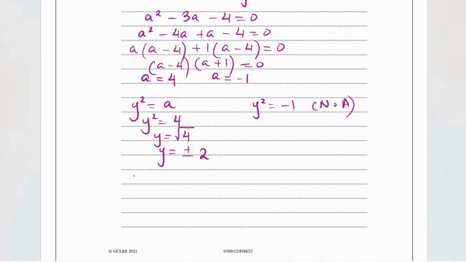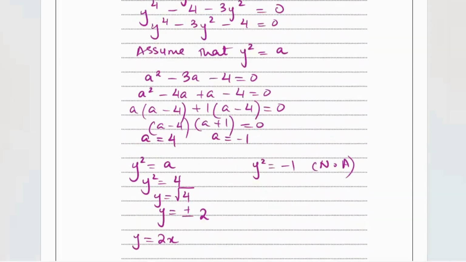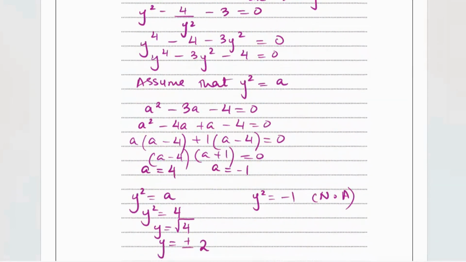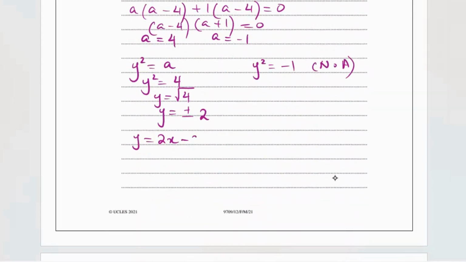Now y was equal to 2x minus 3. So 2 equals to 2x minus 3. 2 plus 3 equals to 2x. 5 equals to 2x. So x equals to 5 over 2.